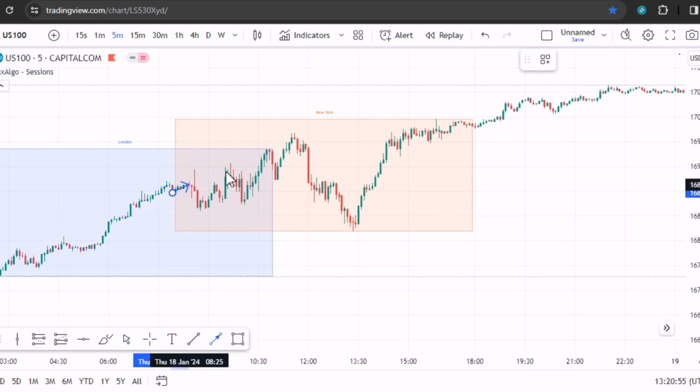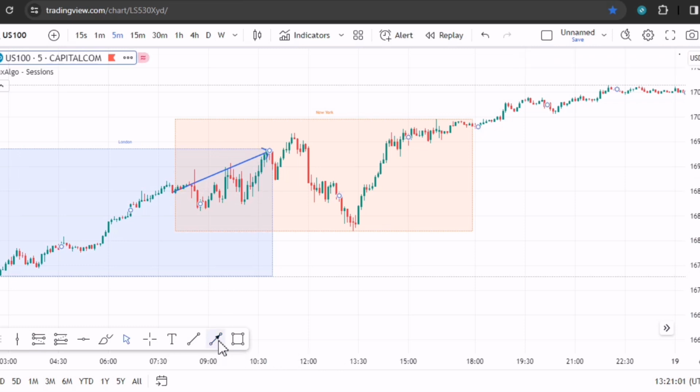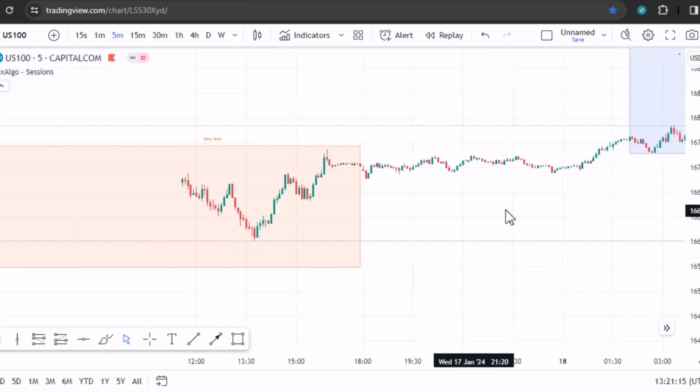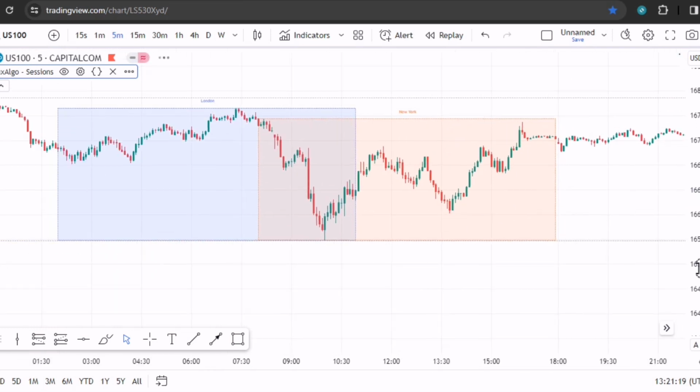You take the first candle of New York, you point at the last candle of London, and then the following move is going to oppose that. You see that it started by going bullish a little bit and then dropped later on. Okay, let's take some more because we want to be clearly convinced.